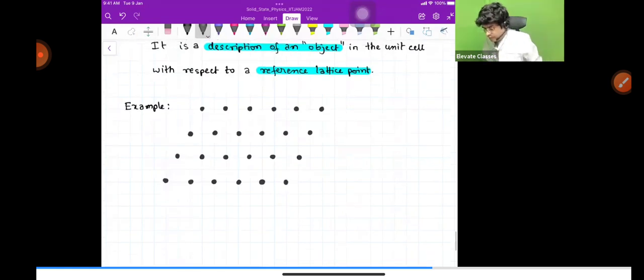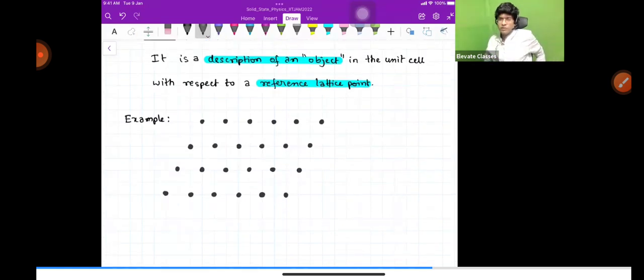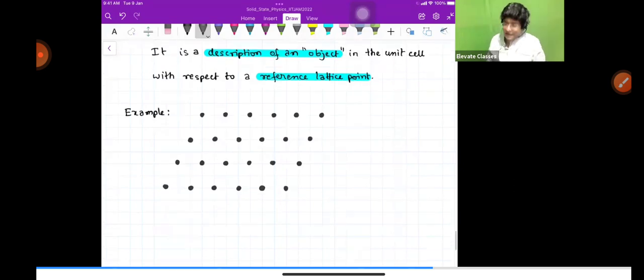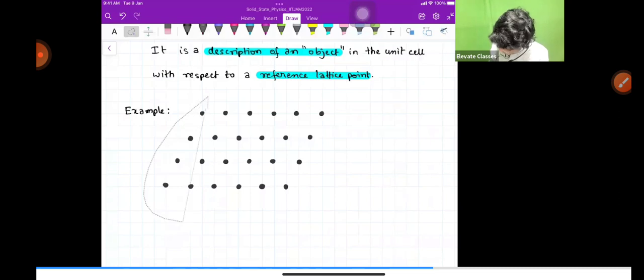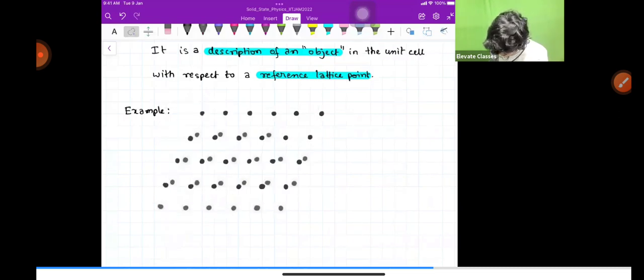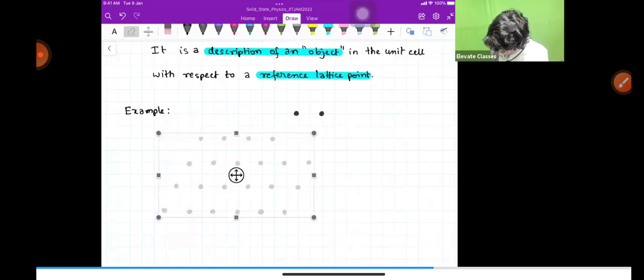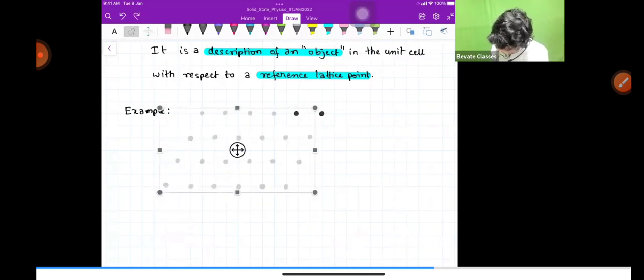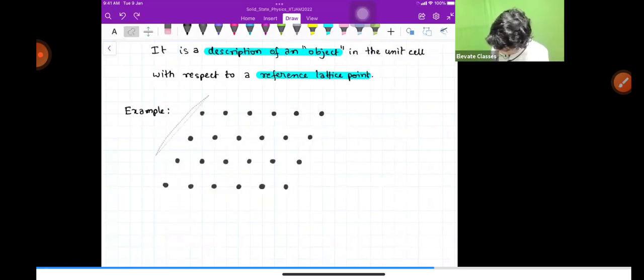So we are done with the lattice. Now we are giving an example of a diatomic basis. Oh, I left 2 points hanging.